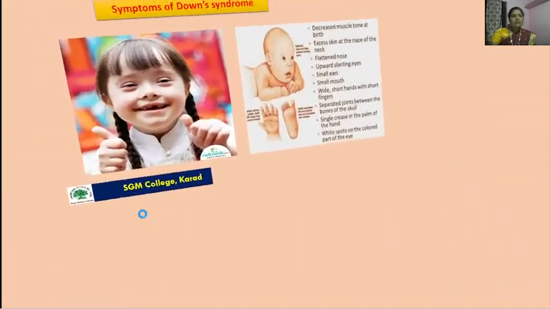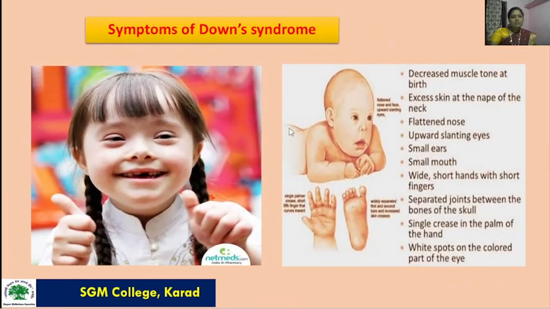Then this is a picture of symptoms of Down syndrome. In Down syndrome, there is decreased muscle tone at birth, then excess skin at the nape of the neck.